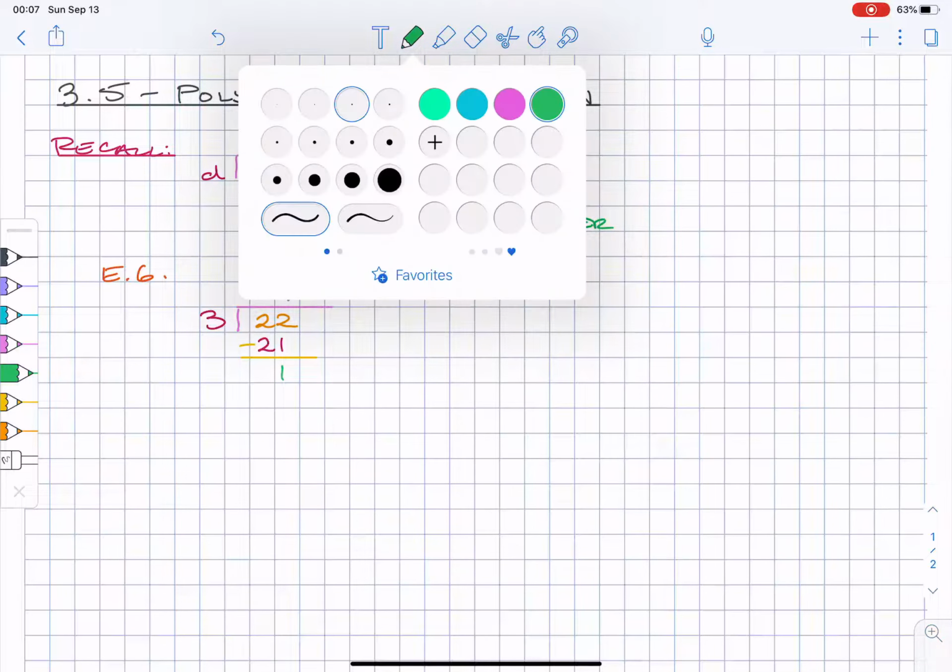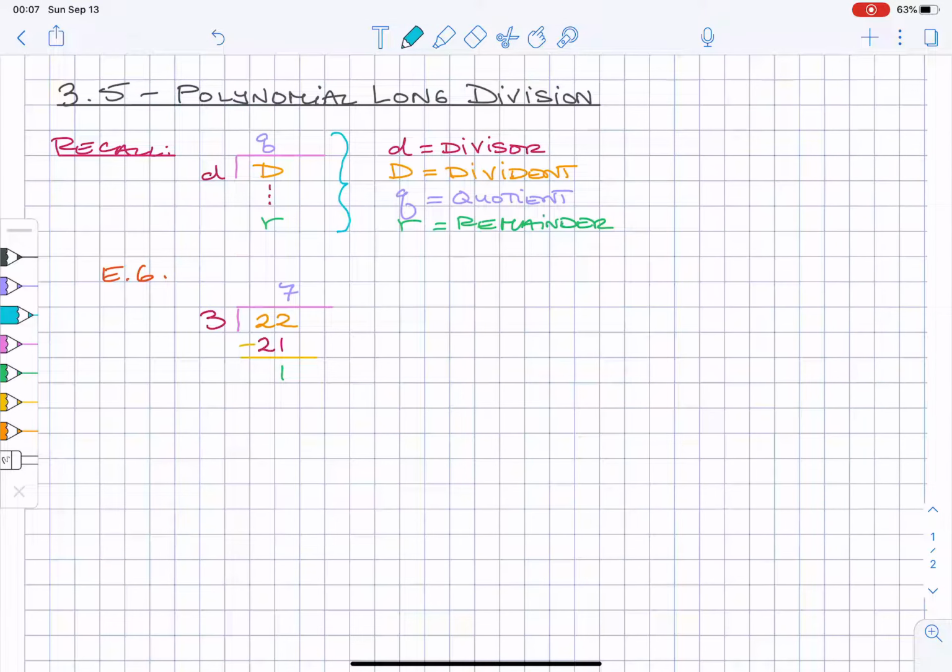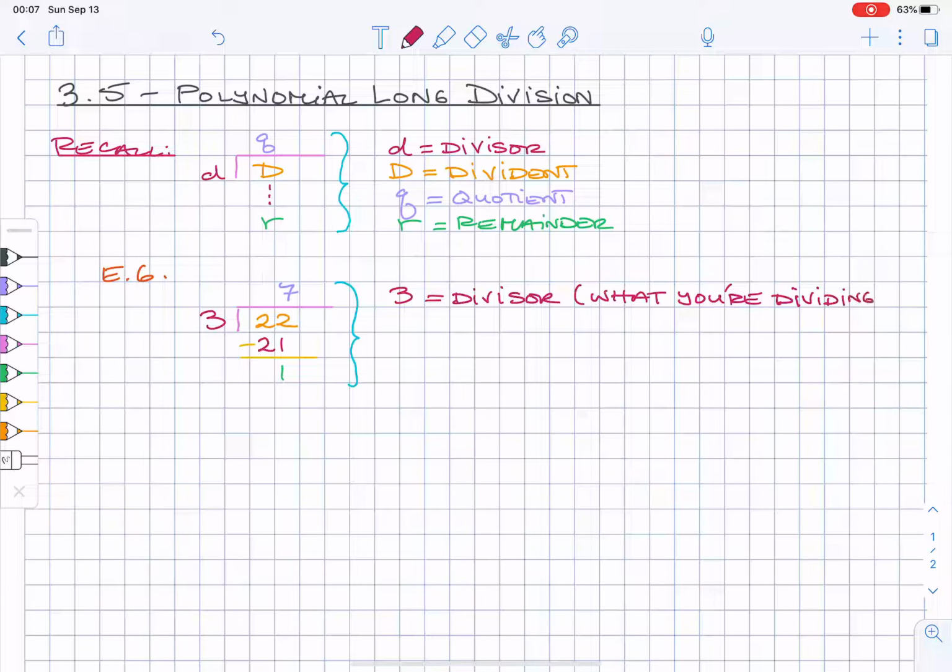So in this case, 3 was a divisor, because that's what I'm dividing by. We had that 22 is the dividend.